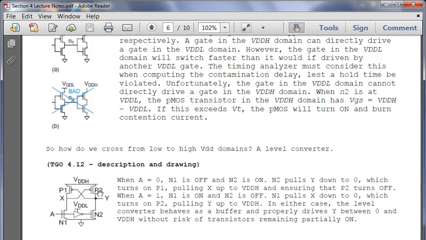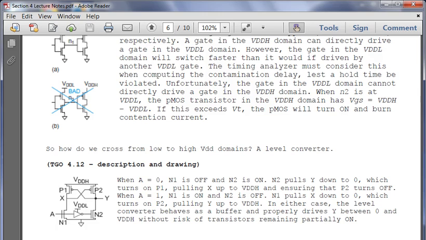You do the opposite when A is 1. Then you're going to turn N1 on, and that's going to pull down Y, which allows us to get this other transistor on. In either case, the level converter behaves as a buffer and properly drives Y between 0 and VDD-H without risk of transistors remaining partially on.